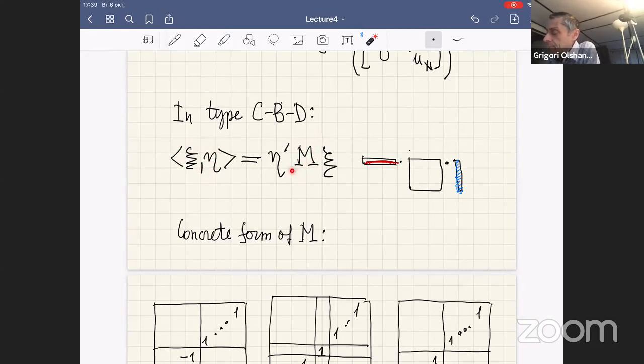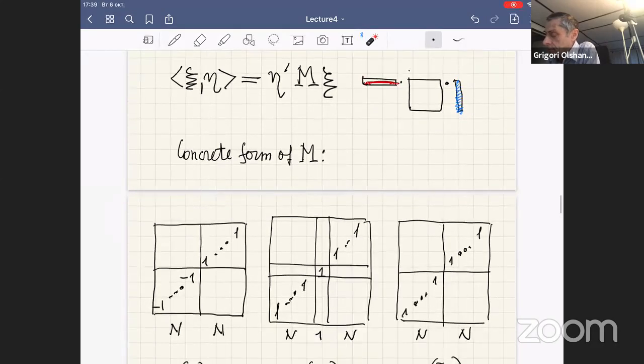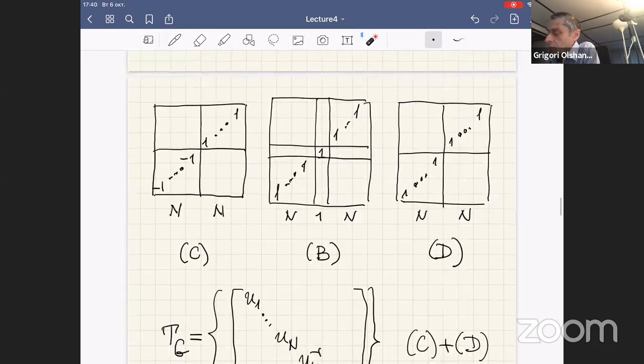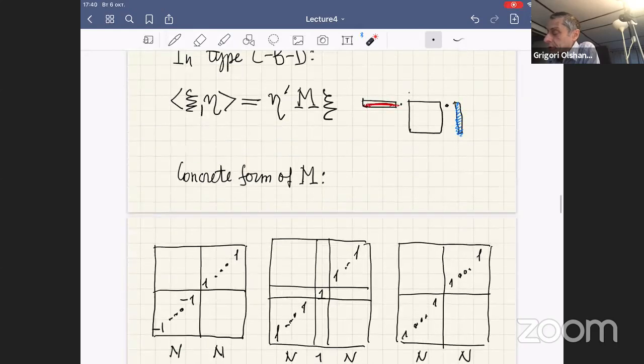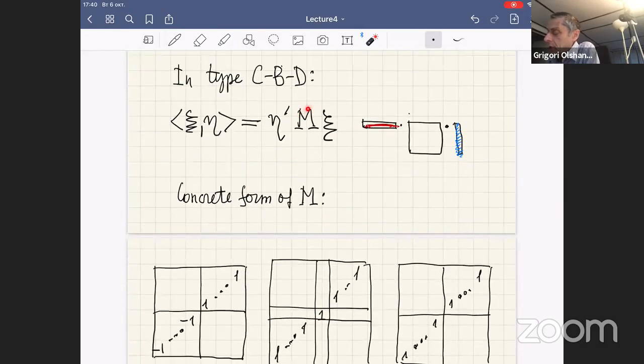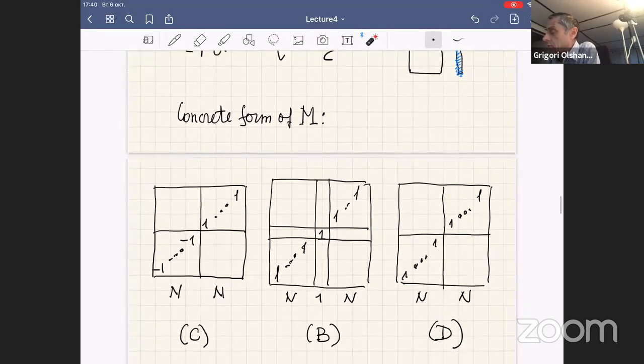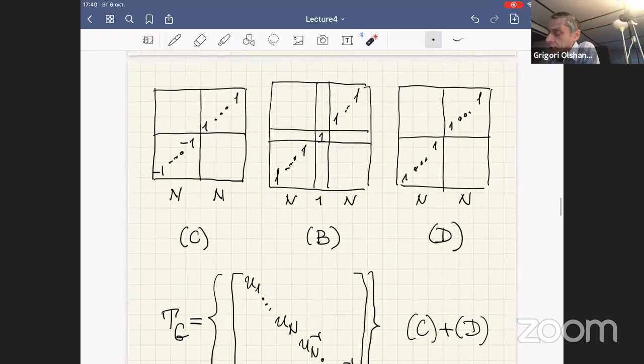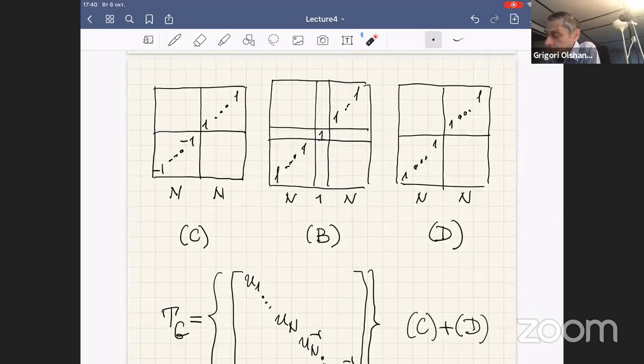And there are many possible variants of how to choose this matrix. Sometimes people want, for instance, in the symmetric case, to take for M the diagonal matrix. Sometimes it's convenient, but sometimes it's not. In our situation, it's not convenient, and we need a more sophisticated choice. What we do in type C is take a skew-symmetric matrix of such a type.